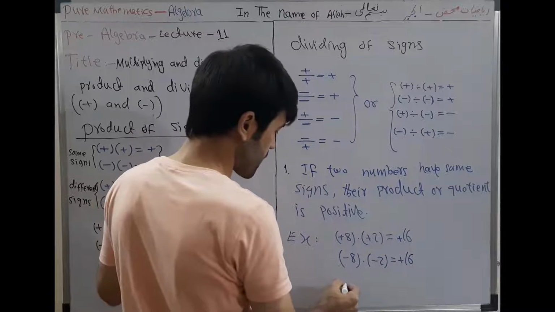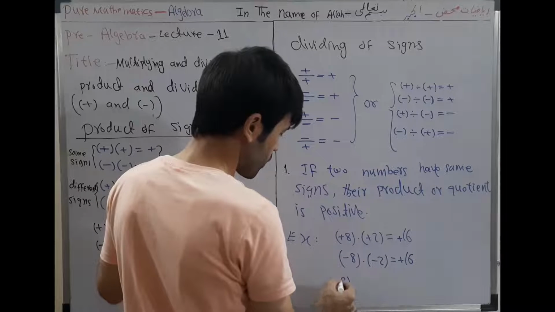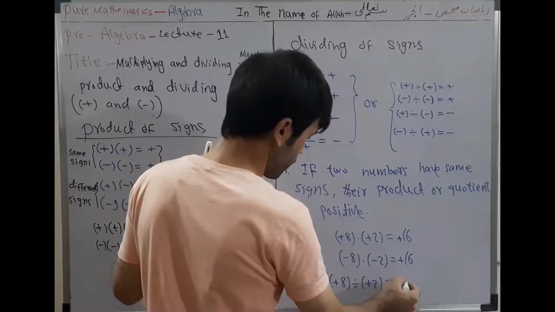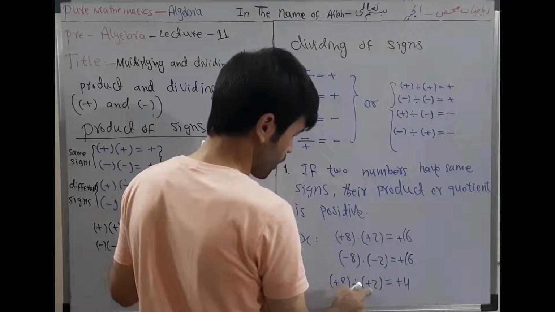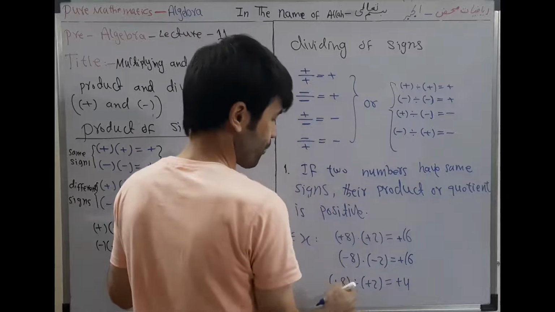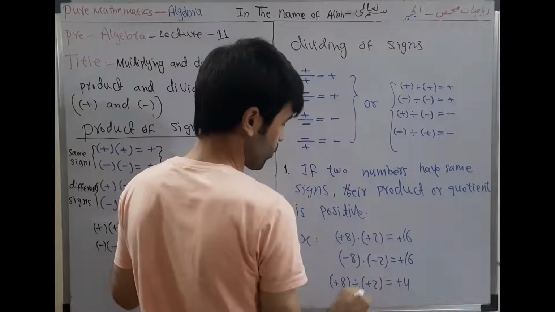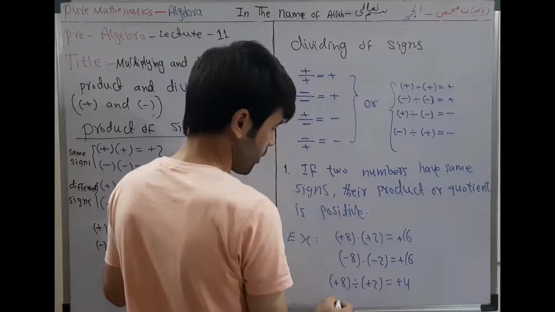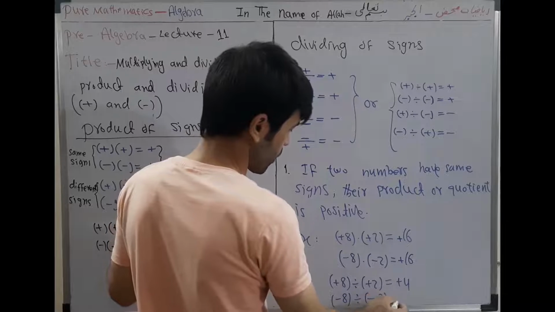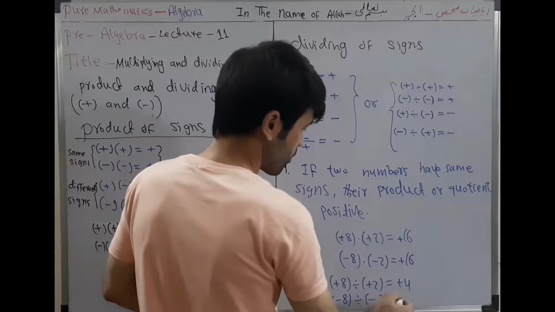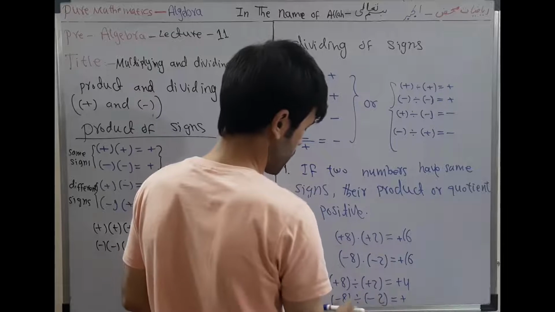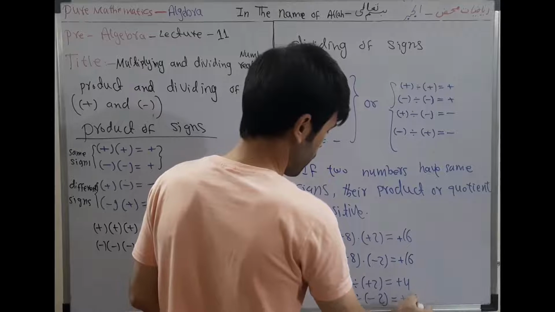Now positive 8 divided by positive 2 is equal to positive 4. Positive divided by positive is positive, and 8 divided by 2 is 4. Minus 8 divided by minus 2 is equal to plus 4.